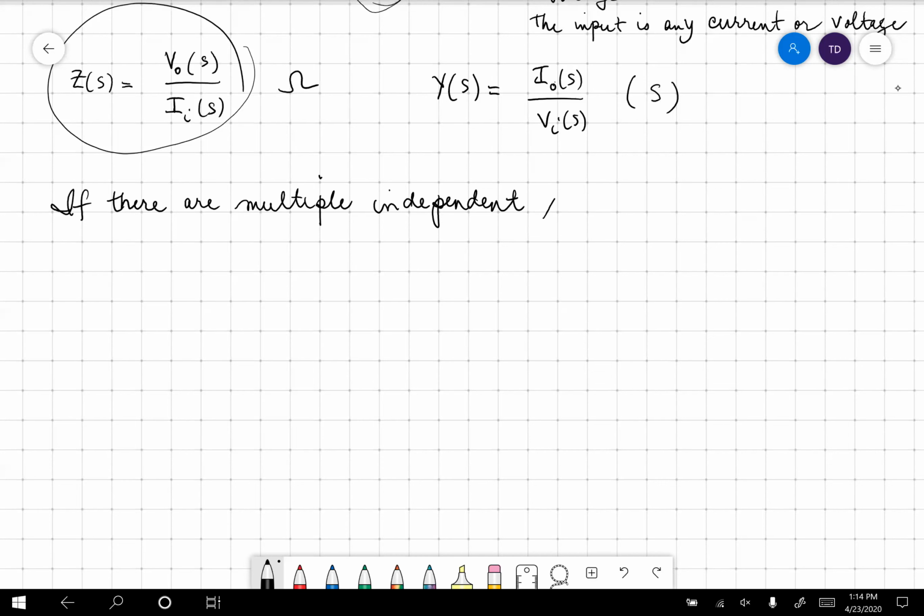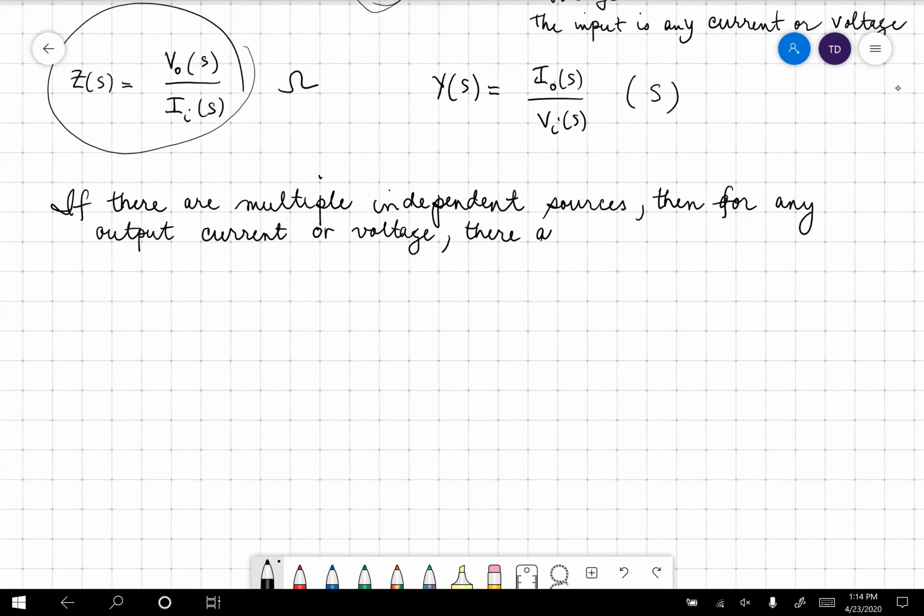But if there are multiple independent sources, then for any output current or voltage, there are multiple transfer functions. Does that make sense? There are multiple functions. I'm just going to draw a circle and we'll come back to this.